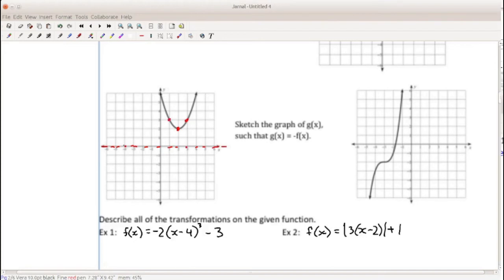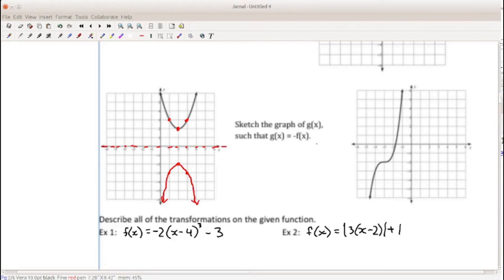That's probably sufficient. So again, any point above, this is 2 above, is going to flip to below. This one, 1 over, this is 3 above, so this is going to be 3 below. 1 over 3 above, 1 over 3 below, and we're going to connect this to make it look like a nice parabola. And again, you should see that nice symmetry across the x-axis. Flip up, flip down, flip up, flip down, and we're good to go.